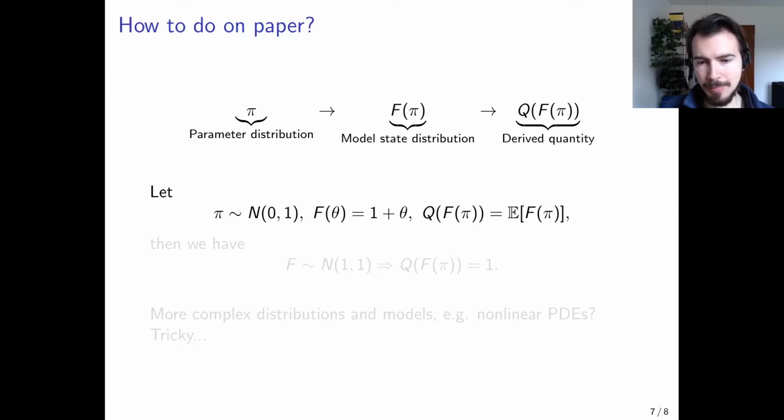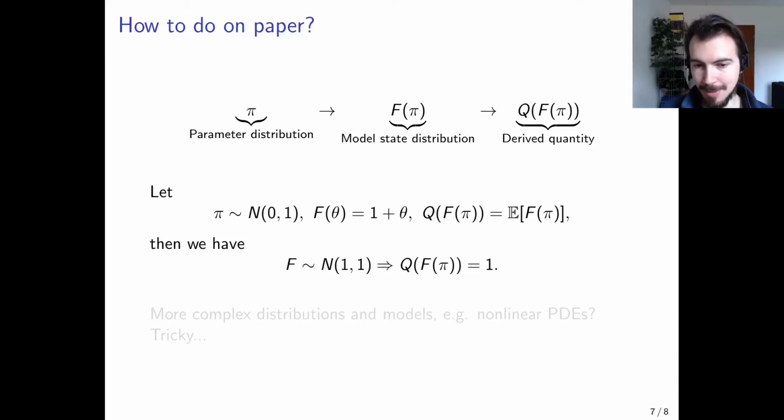When you dumb it down, you can even solve these problems on paper for extremely simple cases. So let's say our parameter distribution is just a Gaussian distribution, and our model is quite simply taking the parameter and adding 1 to it. And we say that what we are interested in eventually is the expected value of that model prediction.